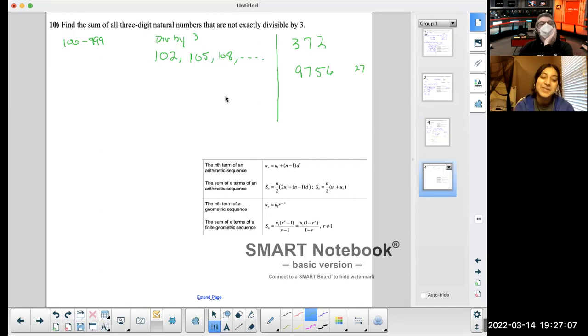Okay. So they only want the sum of all 3-digit natural numbers that are not divisible by 3. So they want 101, 102, 103, 104, these guys, right? The problem is these guys don't form any sort of sequence.